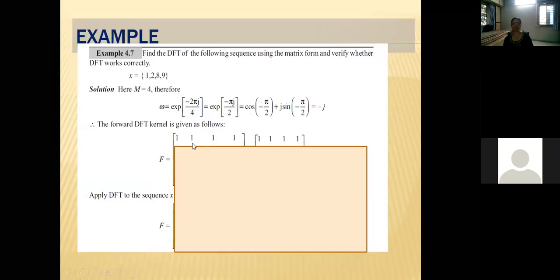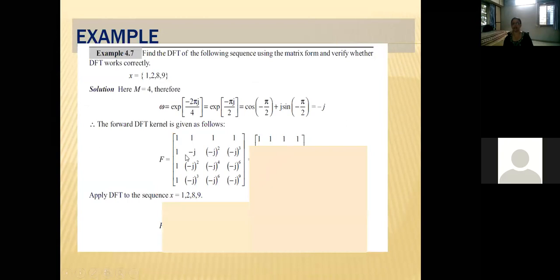So this is your second row. The third row will be 1, minus j square, minus j raised to 4, minus j raised to 6. And the last row will be 1, minus j raised to 3, minus j raised to 6 and minus j raised to 9. So effectively, you will get this as your transform coefficient matrix. Minus j square is nothing but minus 1 and minus j cube is nothing but j.